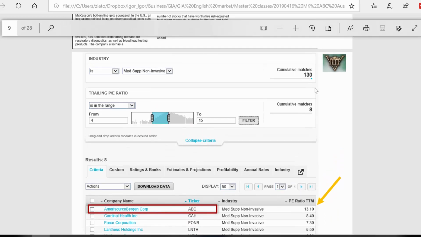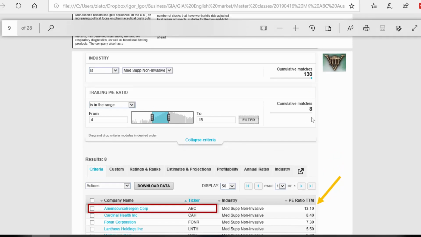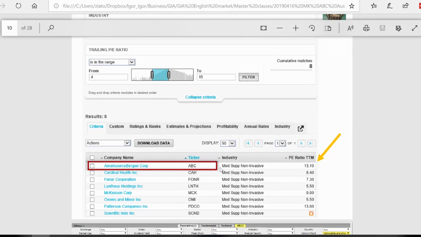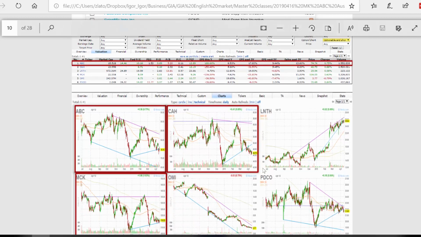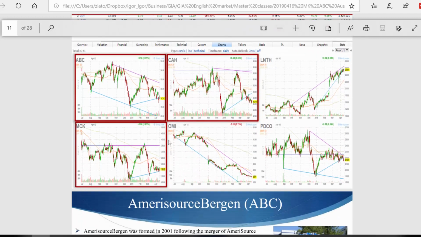So out of 30,000 companies, 130 companies in this industry, I found 8 companies and we chose only one company. Why I chose this company, I explain further. The way it happens, I show you different companies in that industry. I also show you other companies which can be considered as an investment vehicle for that specific month. Out of 6 companies here, you can see I highlighted 3.